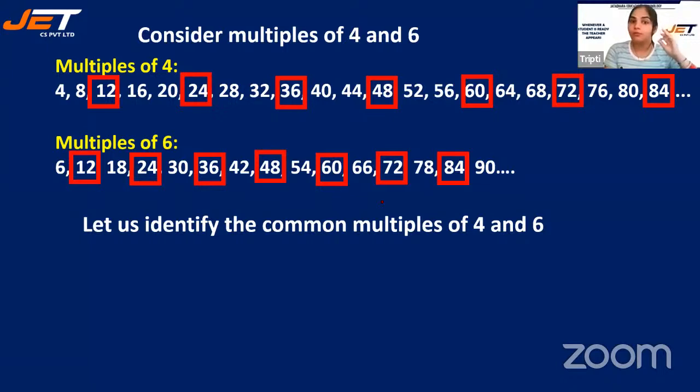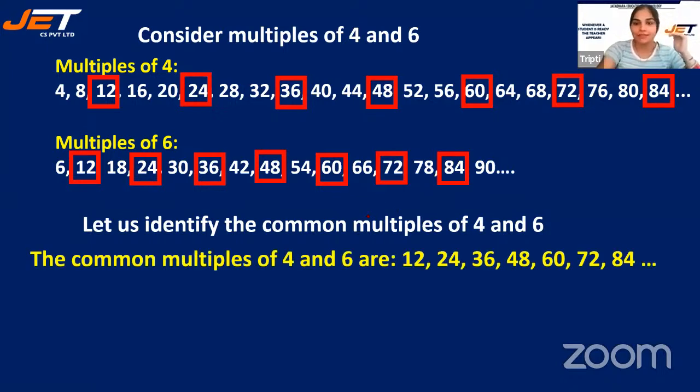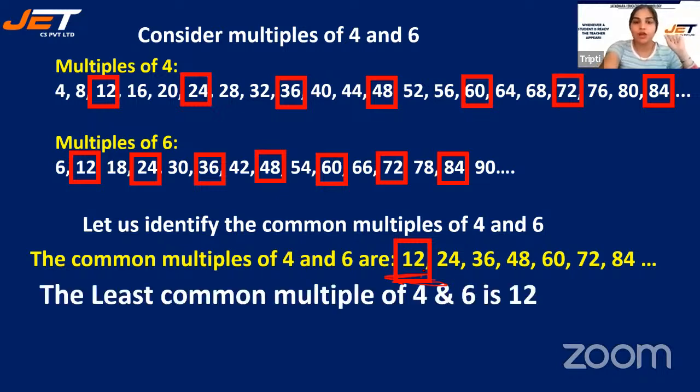These are all the common multiples of 4 and 6. Now, the least common multiple of 4 and 6, you need to find the smallest one over here. 12 it is, right? So the least common multiple, or the LCM of 4 and 6 is 12.